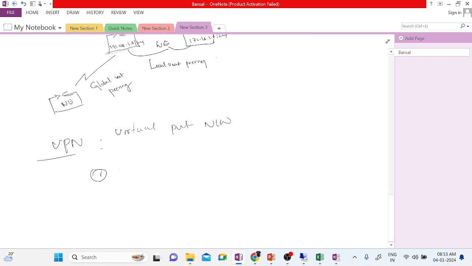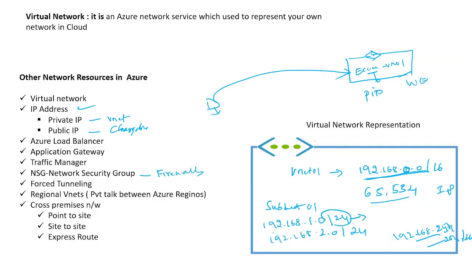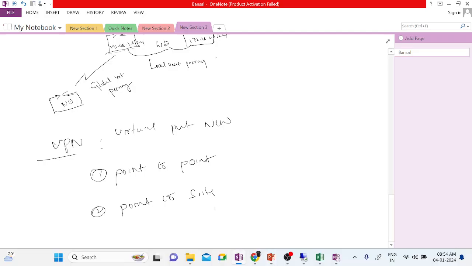Okay. Sorry, one minute, I think I just wrote it wrongly. The two types are site to site and point to site.